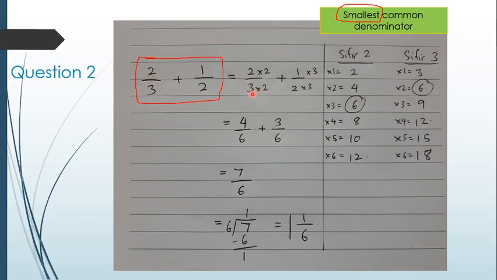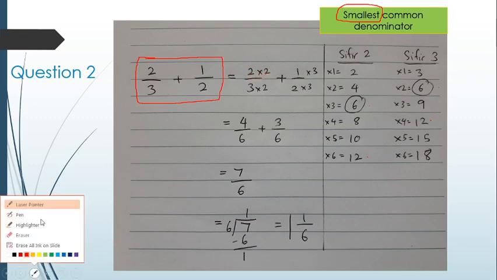How to make 3 into 6? 3 times 2. Whenever you multiply the denominator, you should also multiply the numerator with the same number. That's why you see here 3 times 2 and 2 times 2.